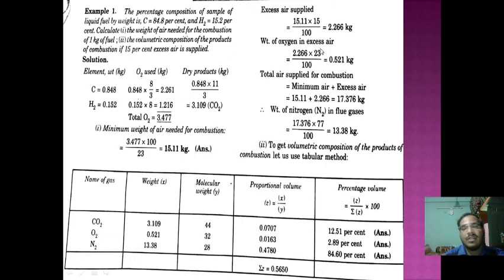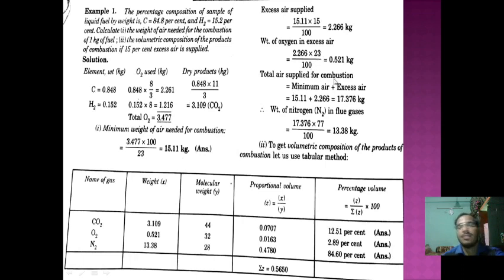So here we multiply with the same 23 percentage: 23 by 100, which gives 0.521 kg. Earlier 23 divided by 100 was taken as reciprocal, 100 by 23, but here we directly multiply by 23 by 100 because it is the excess part and it is not used in the combustion.